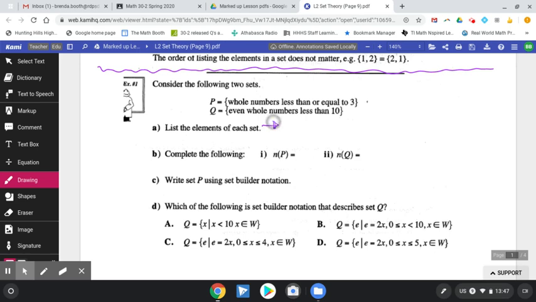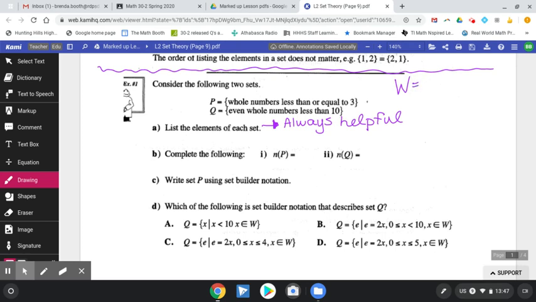Now, you will see questions where it does not ask you to do this, but it is always helpful to do this. So even if it doesn't ask you to, I think this is always your first step, to make that list. So let's look at P. P is talking about whole numbers. So whole numbers, let's just review.